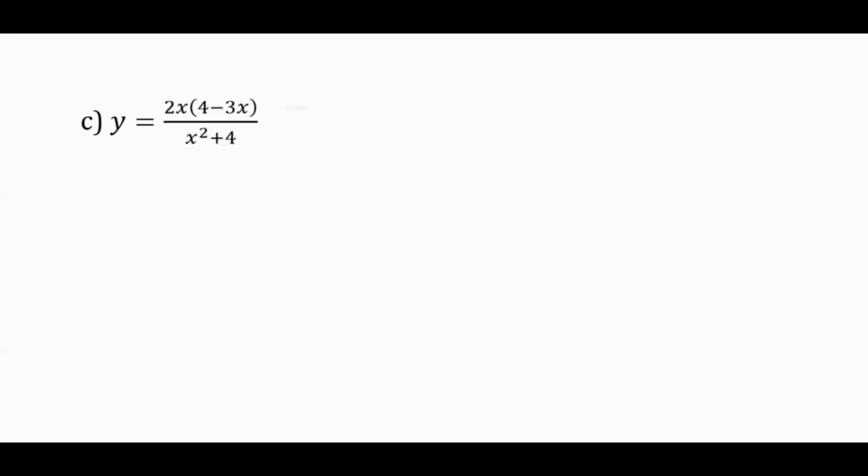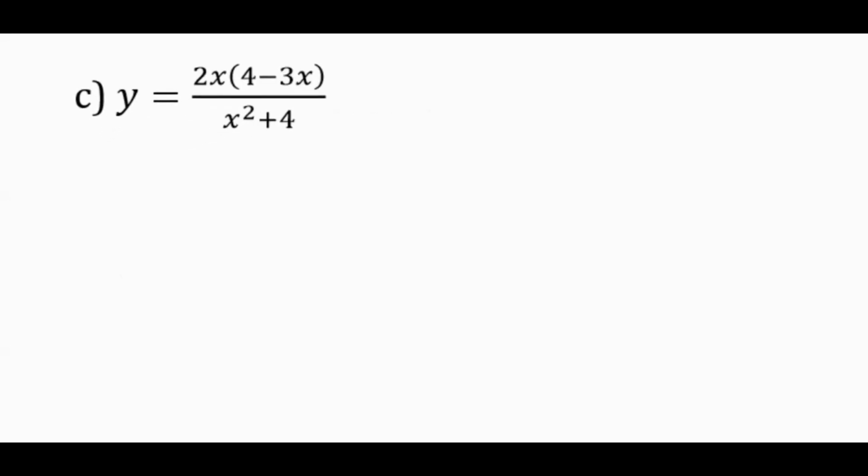This is another example where the top is a product. So if I didn't do anything to this, and I tried to take the derivative as is, the quotient rule says the derivative of the top times the bottom. So the derivative of the top is a product. I would have to use the product rule. And there are times where that will happen, where you can't simplify first.